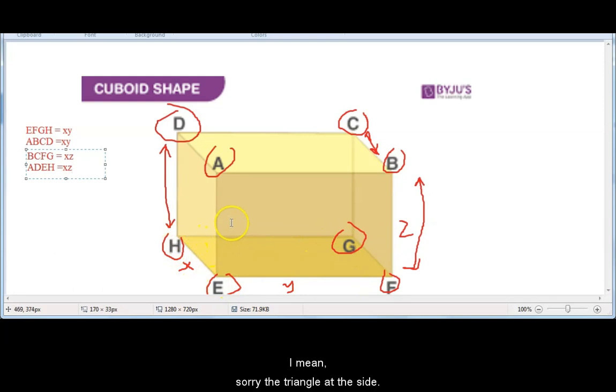The rectangle at the side, ABEF, is YZ, and CDGH is also equals to YZ.